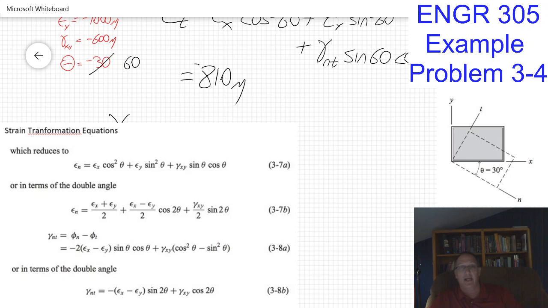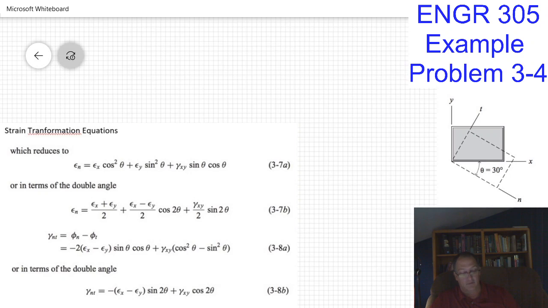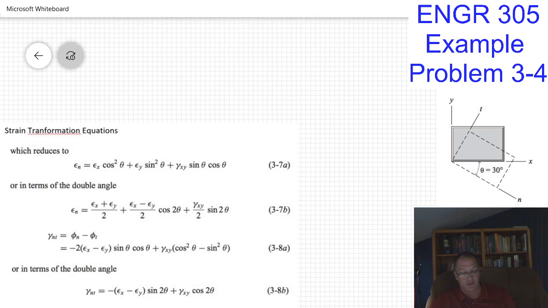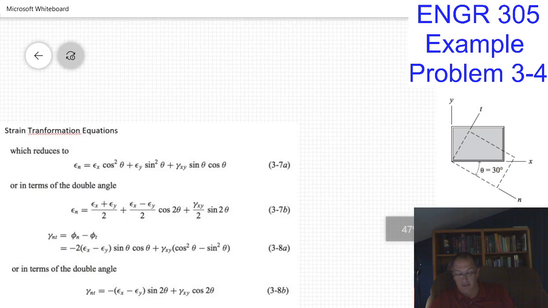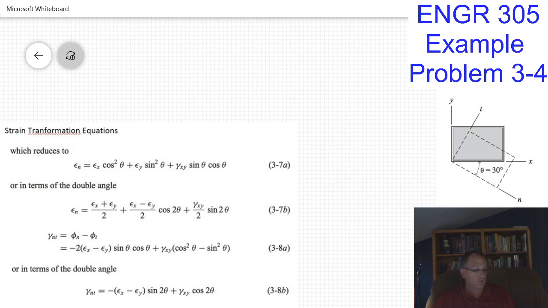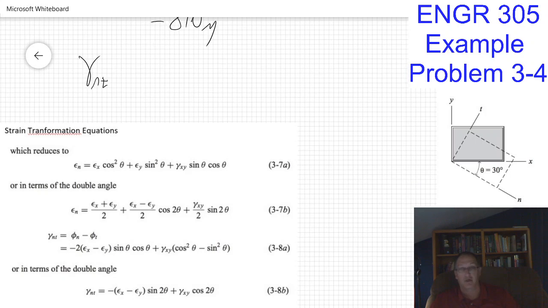Gamma in the NT direction. Sorry, my screen jumped and I lost my equation. Gamma in the NT direction. I'm going to use the bottom equation.